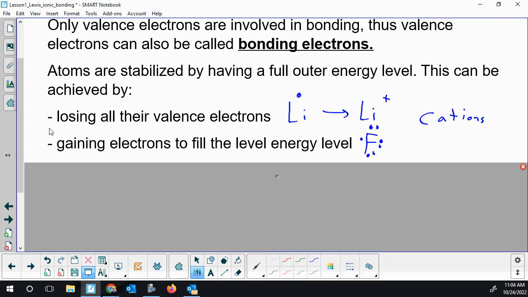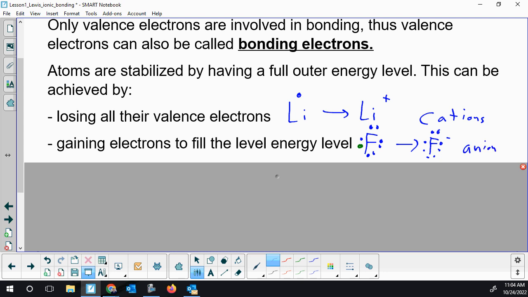To stabilize itself, it could pick up the 8th. It could gain 1 more electron, which I've made green, and become fluoride. Now, when we write Lewis symbols, we show all the dots. And there'll be a little bit more I'll add into Lewis symbols of ions in this lesson.